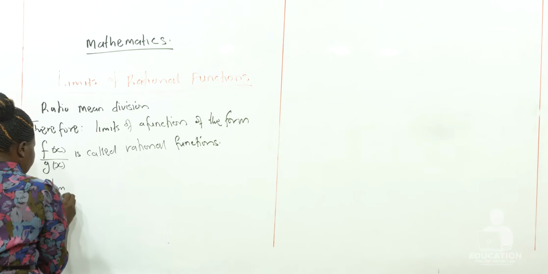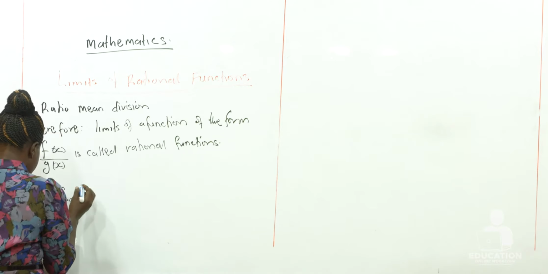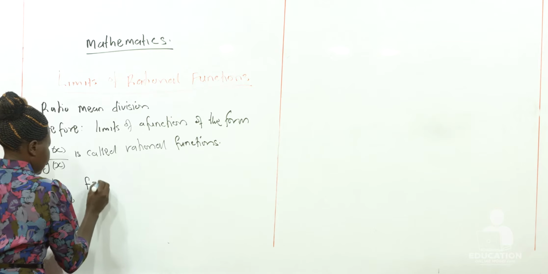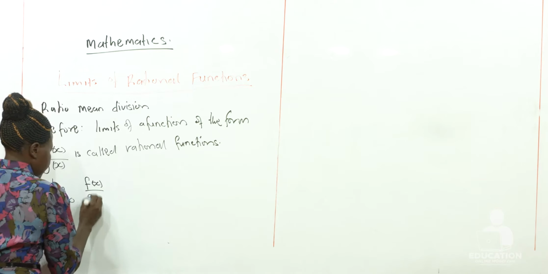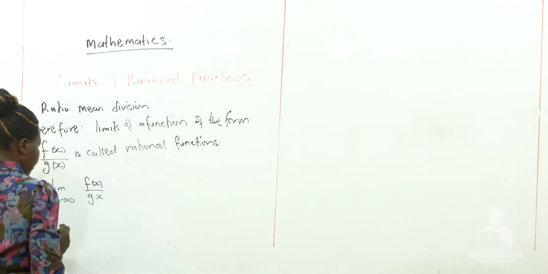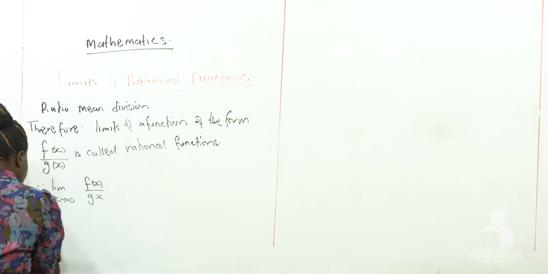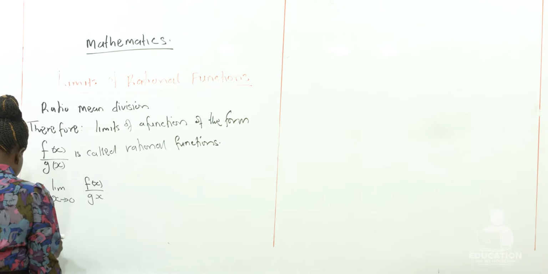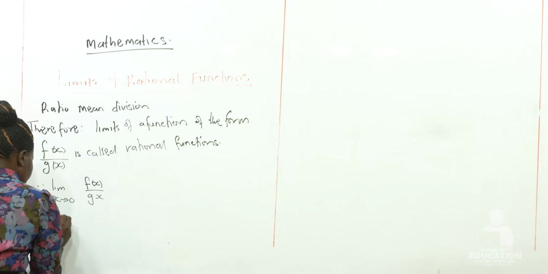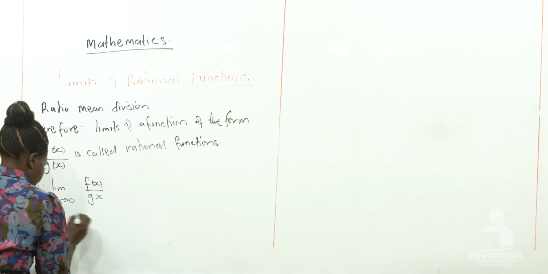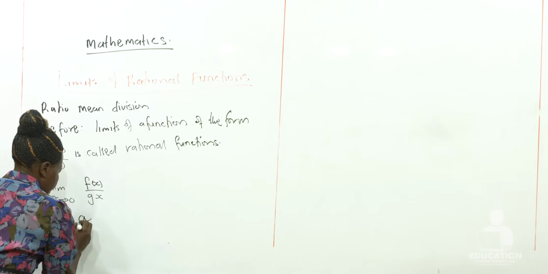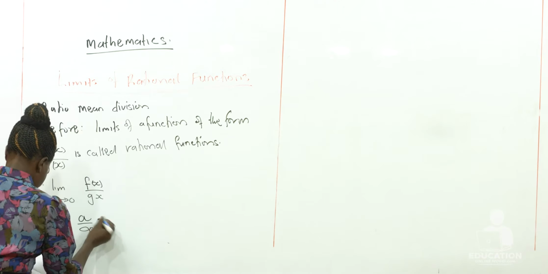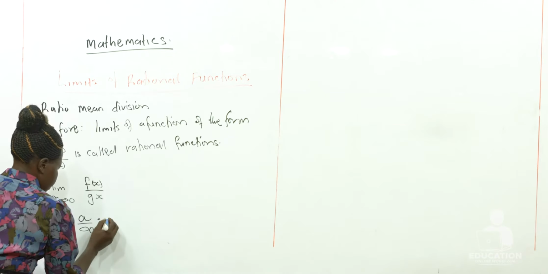x is approaching 0, f(x) over g(x). And then you take note of this. NB, Roman 1: A over infinity will give you 0.